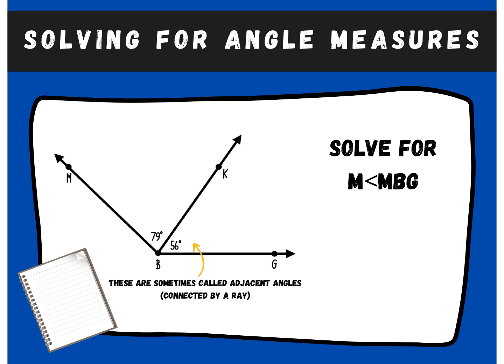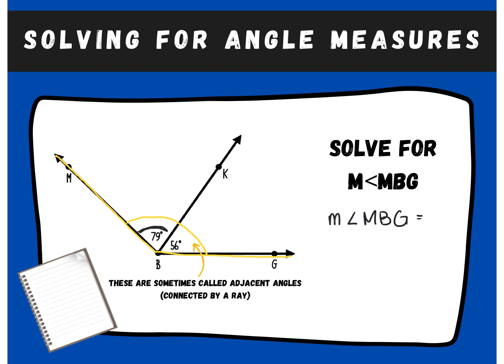And if I look at my picture, angle MBG looks like this, which means I need the total measure. And that's a problem that I know how to solve. If I put those two angles together, MBK and KBG, if I add their measures, I'll get the measure of the full angle. So I can say that the measure of angle MBG is equal to whatever I get when I put those two pieces together.